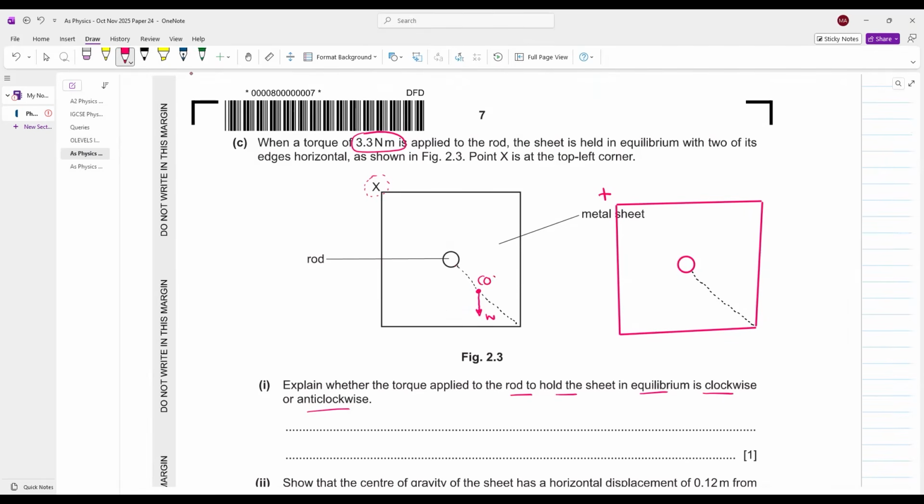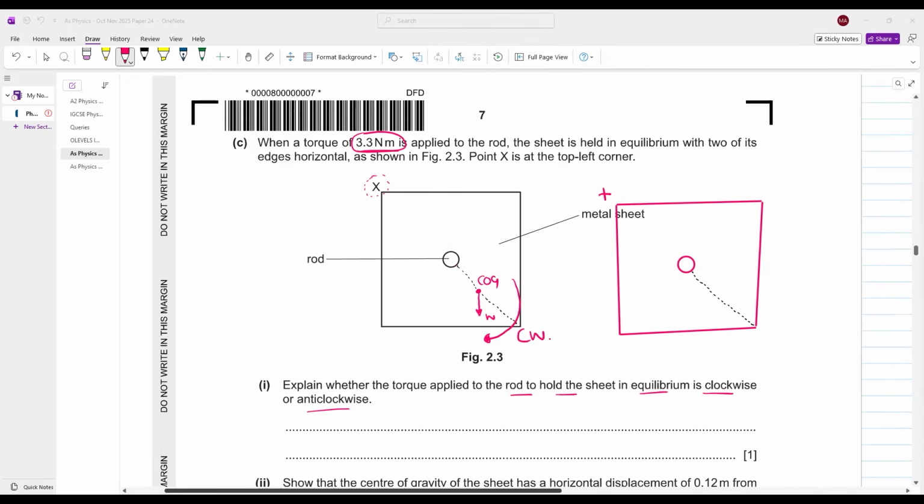If the center of gravity is lying here, the weight will act downward from here. This will cause the entire sheet to rotate in the clockwise direction. बेटा, ये पूरी की पूरी शीट को clockwise direction में rotate कर देगा. The weight of the sheet will cause the sheet to rotate in clockwise direction. Hence, to keep the sheet in equilibrium, you need a torque in the anti-clockwise direction.